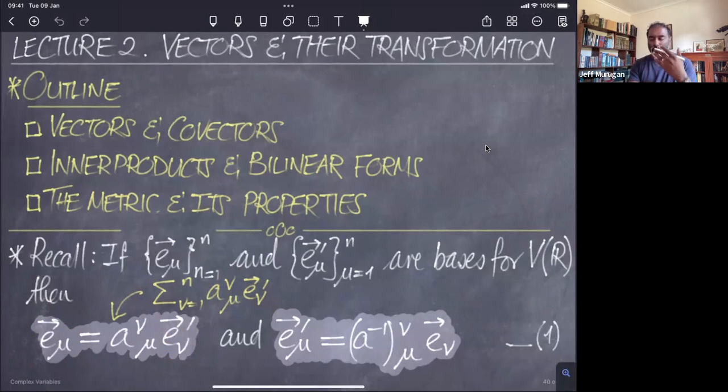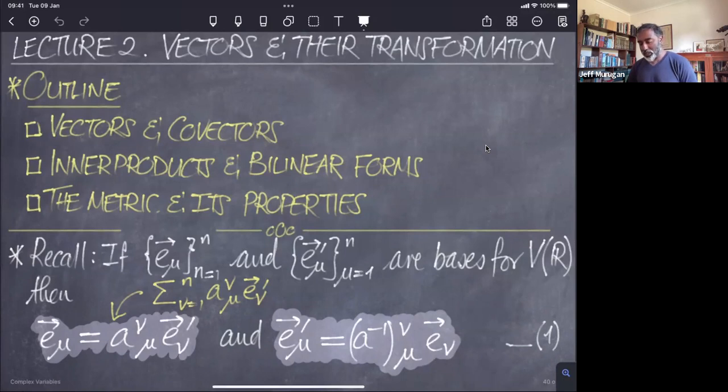Mu, nu, alpha, beta, etc. The mu, on the other hand, is a free variable, which means I get to pick what it is, but it's not being summed over. So it's important to distinguish between a free variable and a dummy variable. The dummy variable is summed over, and the free variable, you're allowed to pick 0, 1, 2, 3, or in this case, 1, 2, 3, through to n.